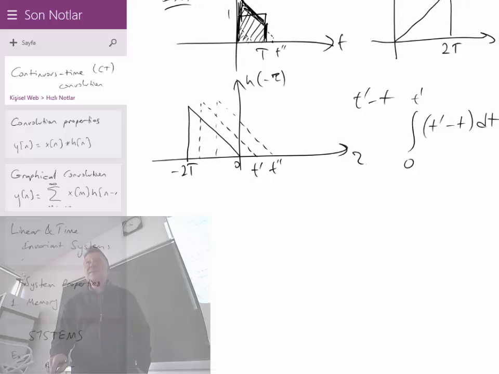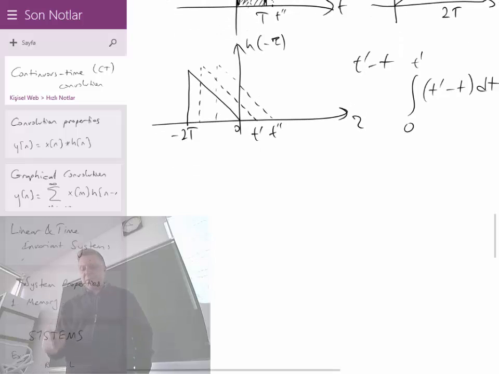I will give you the result, and I urge you, this example is in the book by Oppenheim too, so please follow it, but before following it, try to make sure that you come up with the same equations.